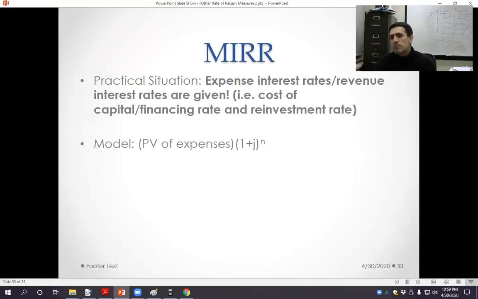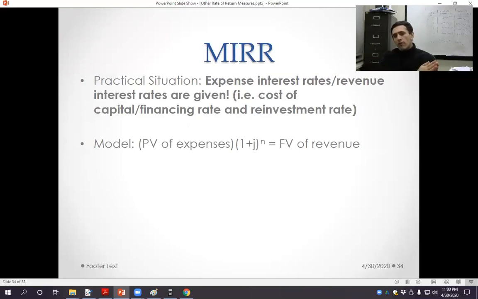And what do you get back? Well, again, you're reinvesting all of your revenue into an account earning your reinvestment rate. And so you get back at the end of n periods the future value of revenue at your reinvestment rate. Okay? So again, you started off, and this is not even simplistic, this is actually the way things work.